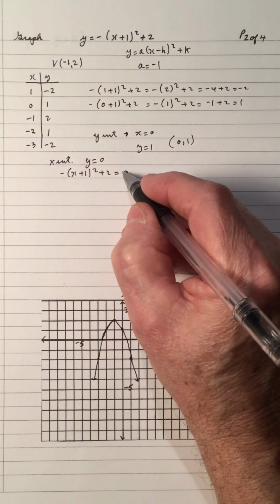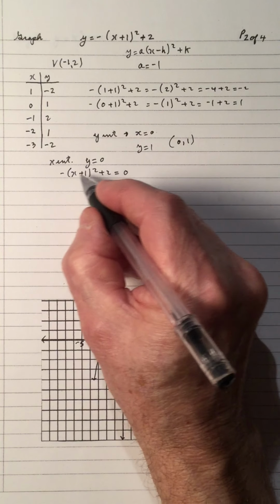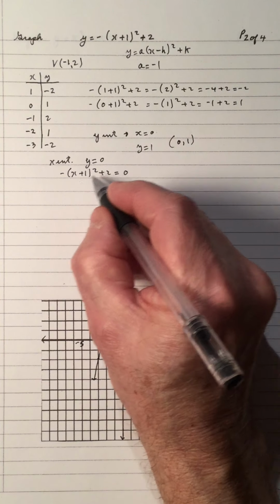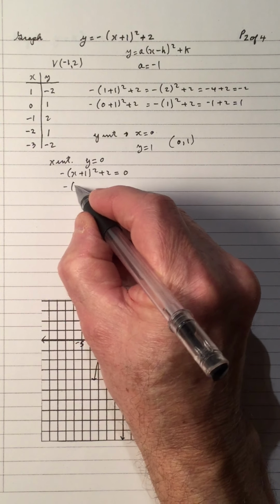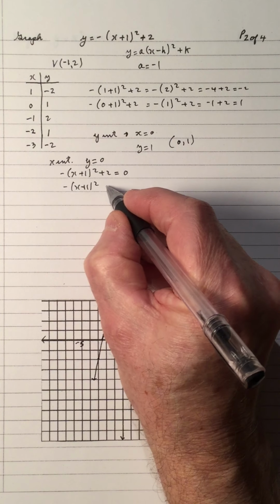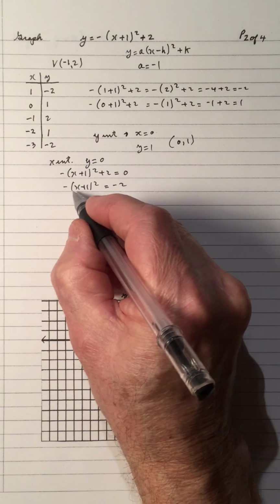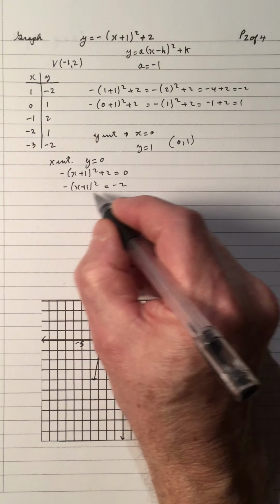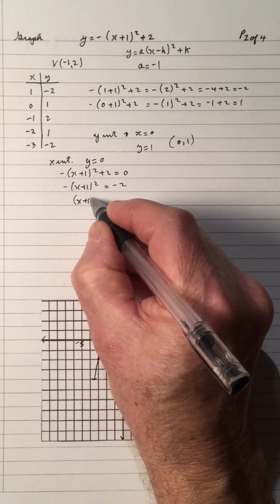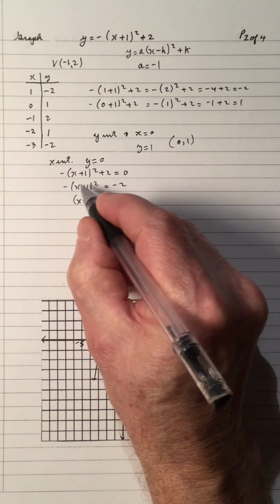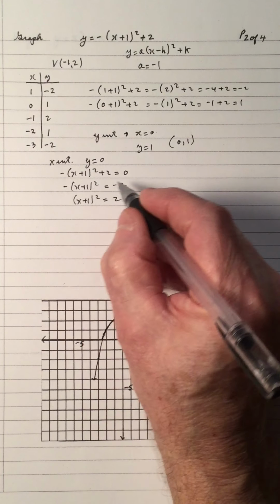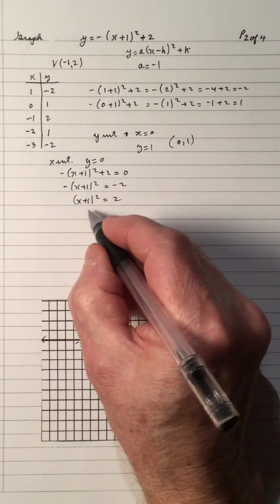I'm letting y equals 0. Now I'm going to solve this equation, so negative x plus 1 squared equals negative 2. I move the 2 over to the right side. Multiply both sides by negative, so x plus 1 squared equals 2. Negative times negative 2 is positive.